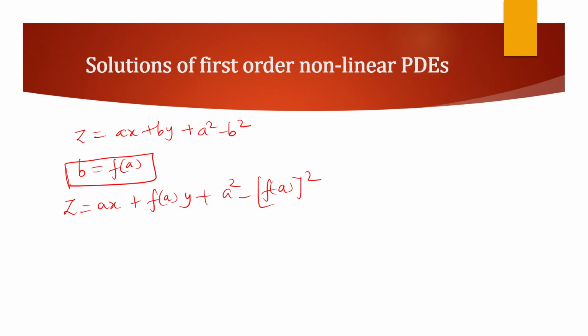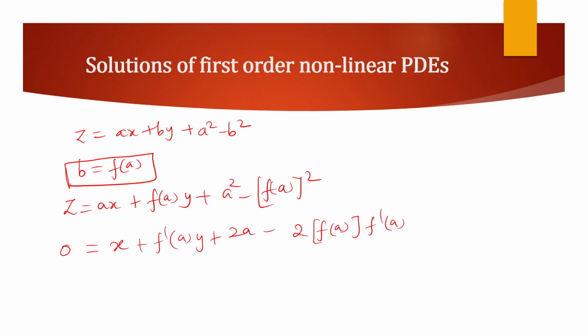So now differentiation of this with respect to a partially, we get 0 is equal to x plus f dash of a into y plus 2a minus 2 into f of a into f dash of a.